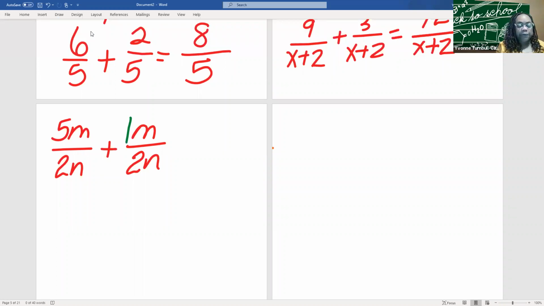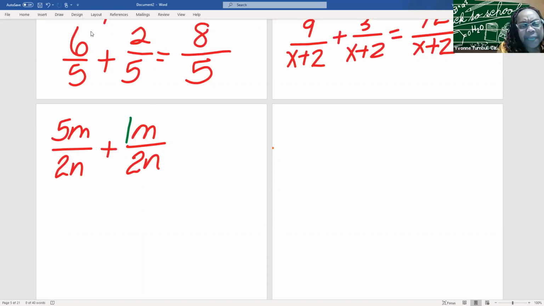When a variable stands alone, it has a coefficient understood to be 1. The reason I'm saying to write it is that some students will just combine without thinking that it's 1m. If I have 5 m's and you have 1 m, we have 6 m's. Some students may not think like that, so I suggest you write that 1 there.